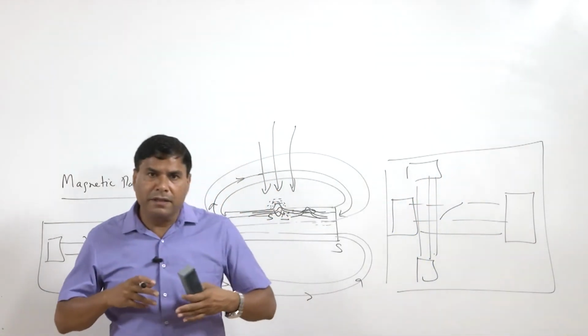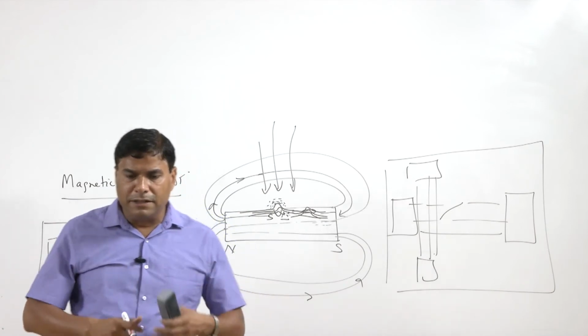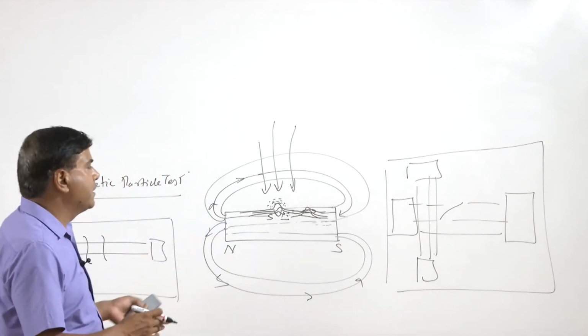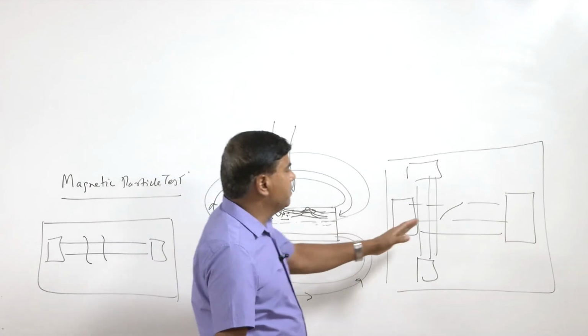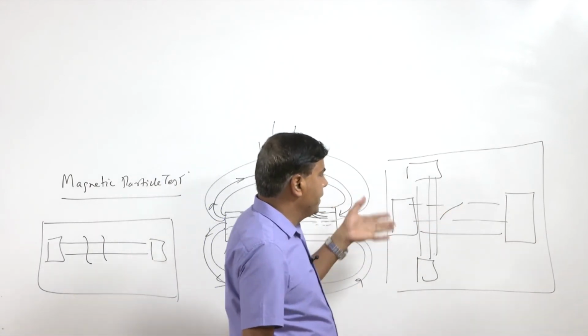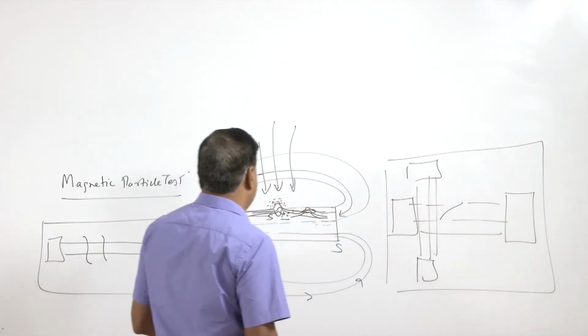So, we try the magnetization in different directions, so that we find the situation where the discontinuity is about perpendicular to the lines of the magnetic flux.